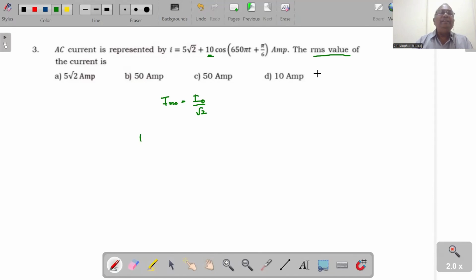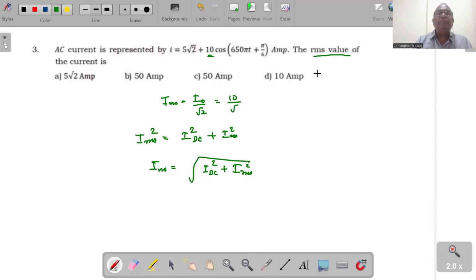In this type of case, IRMS squared equals IDC squared plus IRMS squared of the AC part. So IRMS equals root of IDC squared plus IRMS squared. For this, IRMS is 10 by root 2. We'll substitute this value here.